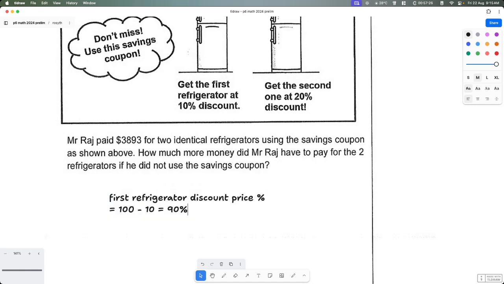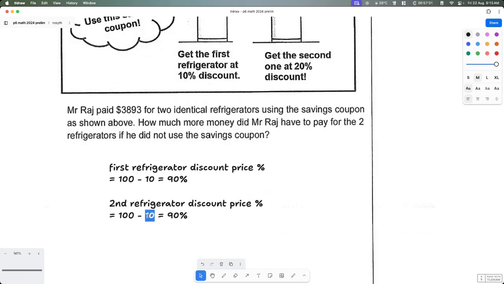And then the second refrigerator, the discounted price is 100 minus 20, which will be 80%. So that means 90 plus 80, the total percentage paid for 2 refrigerators is equal to 90 plus 80, and this will give you 170%.